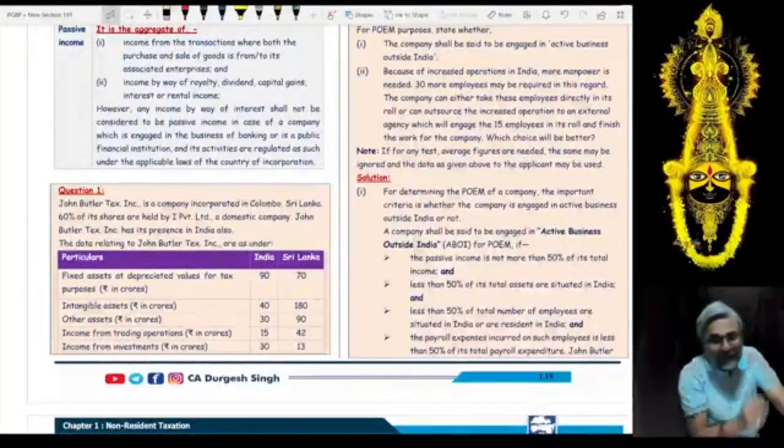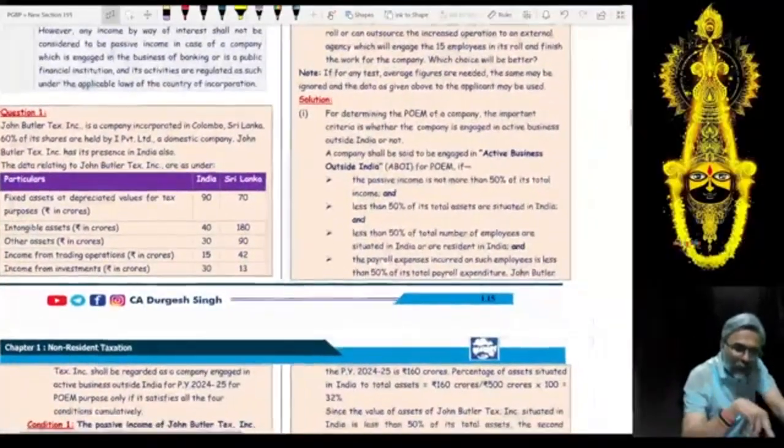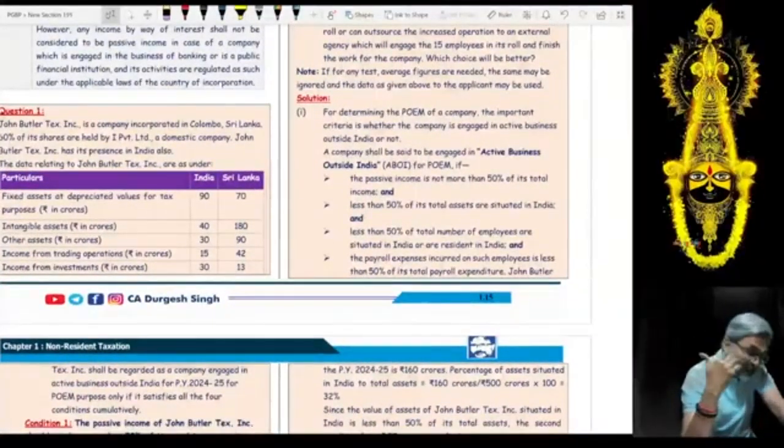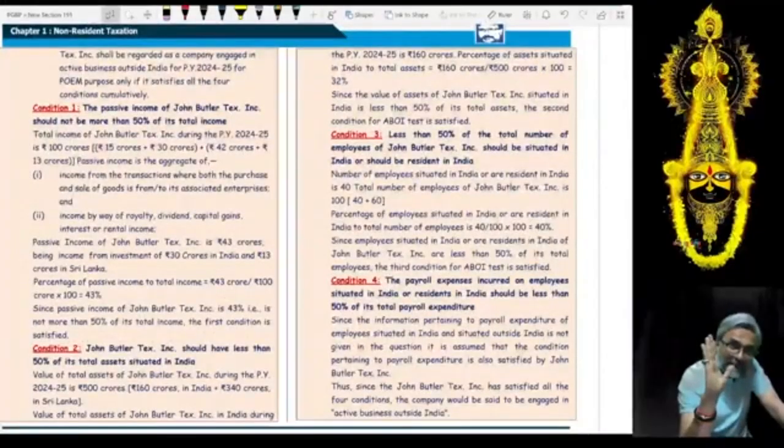Those were the times. Now, students, they don't ask these detailed questions at all. You may have done it earlier also, but now it is only for the purpose of practice. They don't ask this kind of question any more.